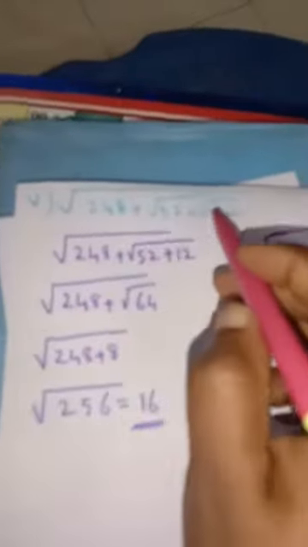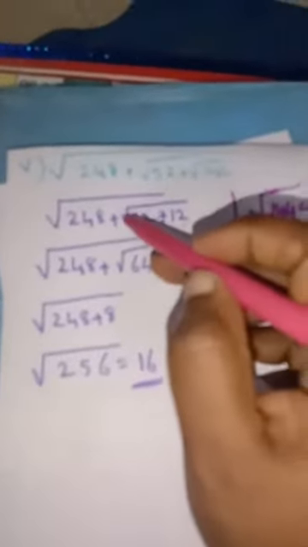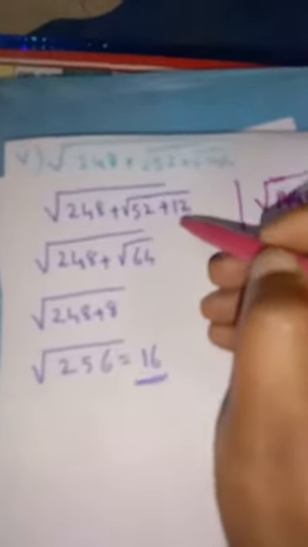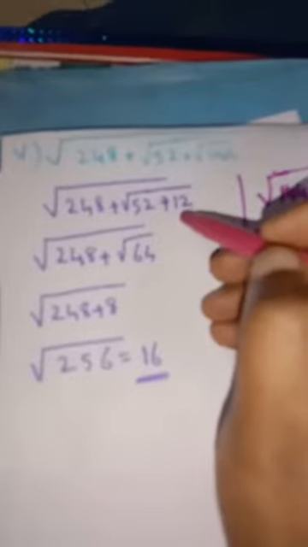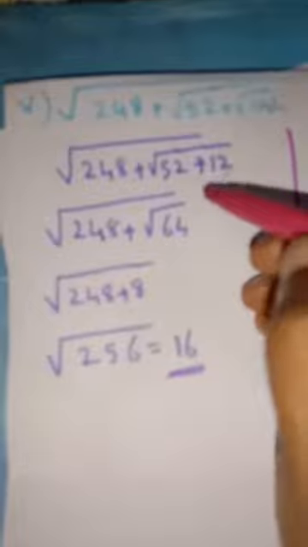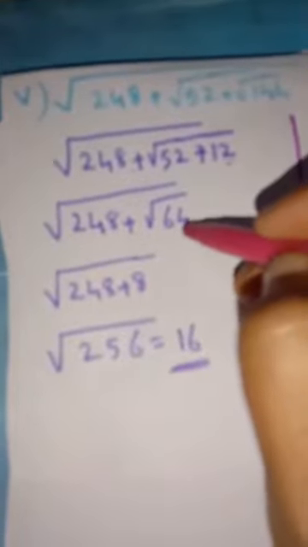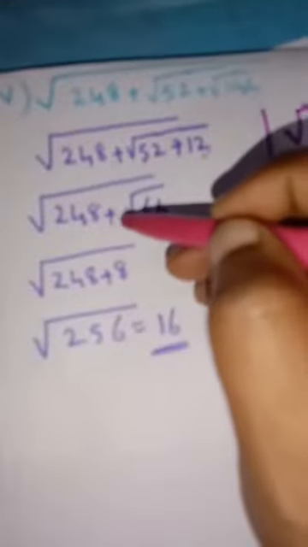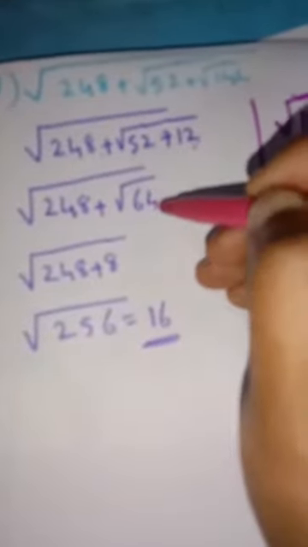So instead of root 144, you can write 12. Now, root 248 plus, inside the root, 52 plus 12. What is 52 plus 12? 52 plus 12 is 64. Root 64. Root of 248 plus root 64.